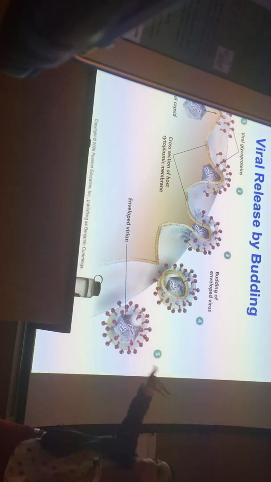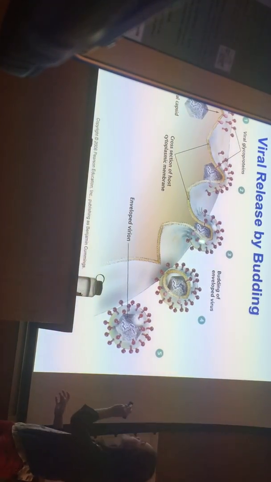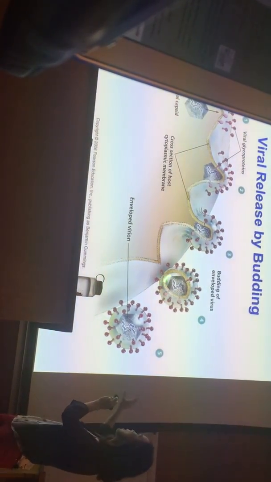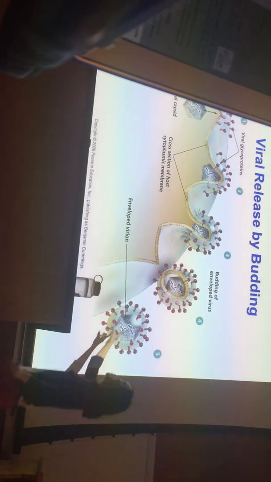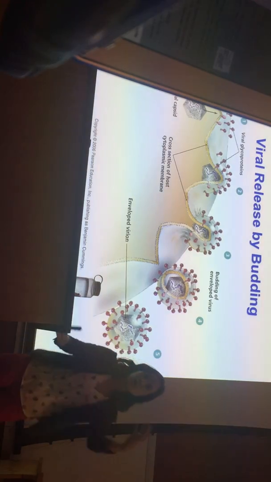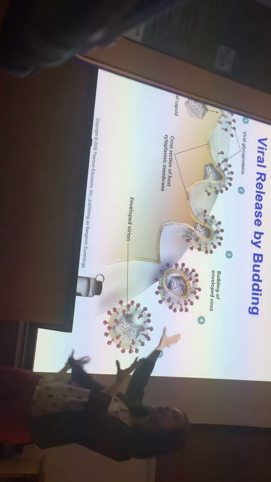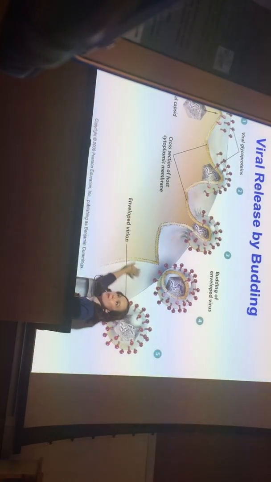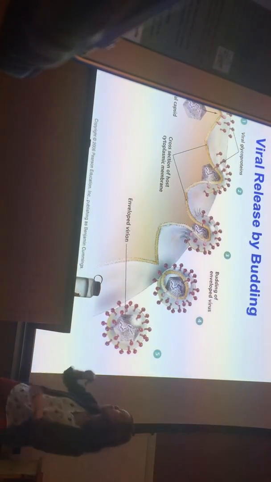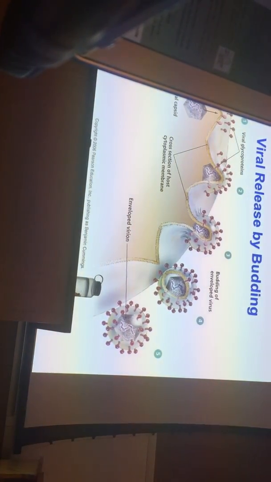It slowly pinches out and grabs a little bit of your cell membrane, and it buds out and gets released. In that membrane, it'll have all the spikes. The virus delivers all the spikes to the top of your membrane, and then it buds out. Then we have our fully formed virus here at the end. So we call that budding.